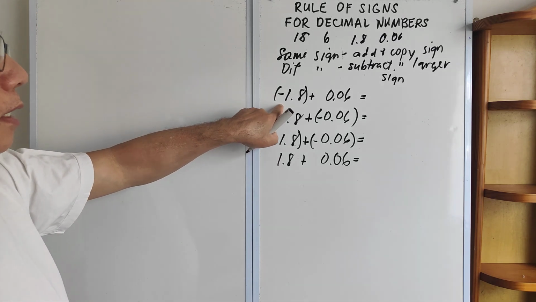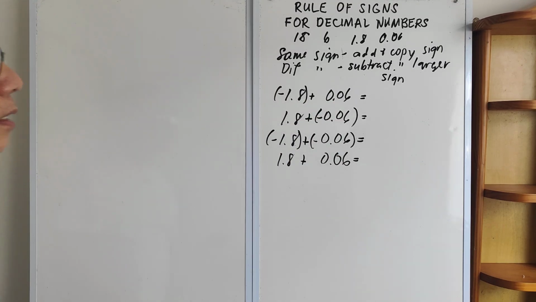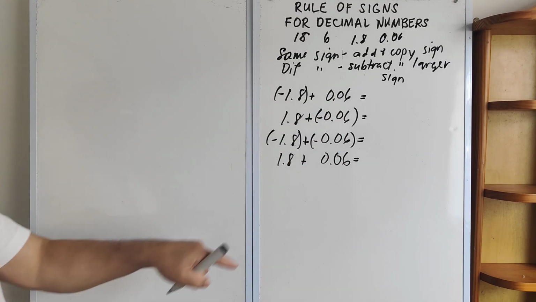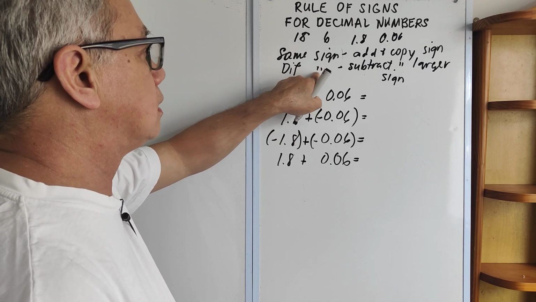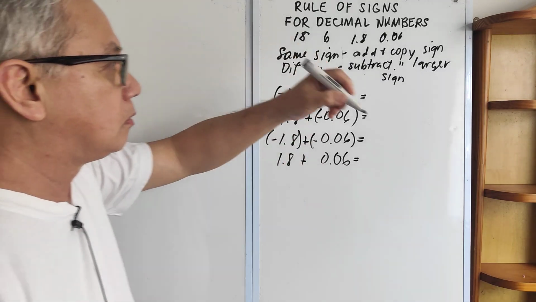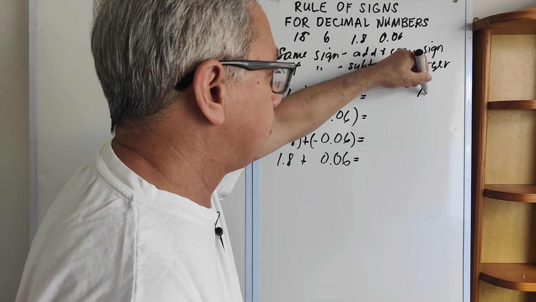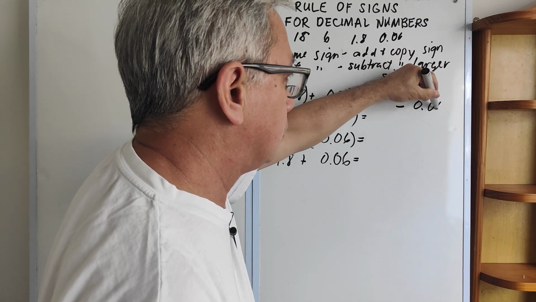So let's look at the first number. So negative 1.8 and positive 0.06. So these are different signs. They have different signs. So what we need to do is to subtract. So to subtract, 1.8 minus 0.06.